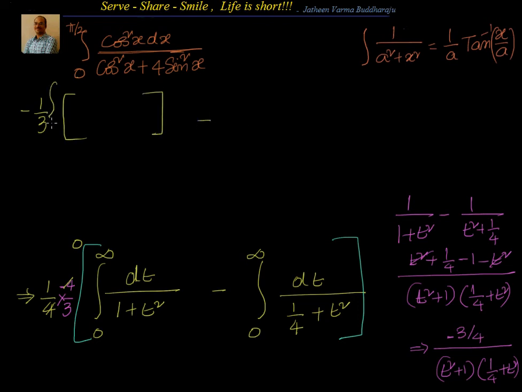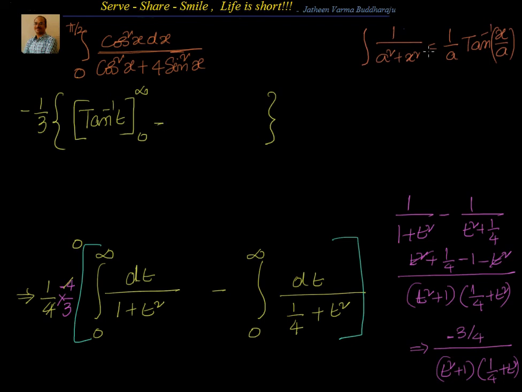We have dt by 1 plus t square, which is tan inverse t. We know that, so I can write tan inverse t, and the limits are infinity and 0.